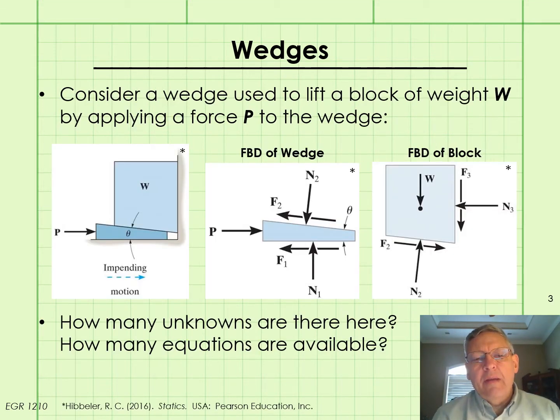Let's look at an example where a wedge is being used to lift a block of weight W by applying a force P to the wedge, as shown in the figure on the left here. And so if the block is going to be lifted, we know that the impending motion, the direction of motion of the wedge is to the right.